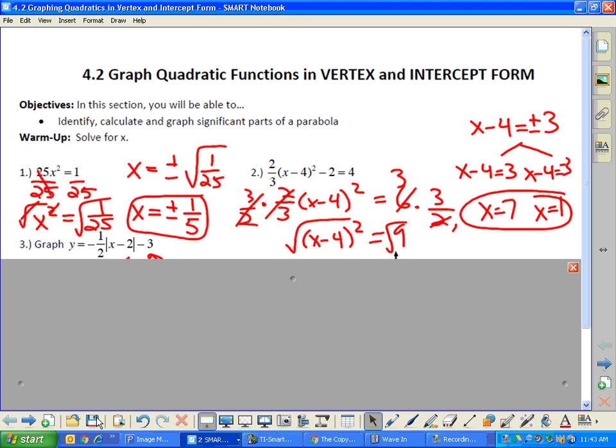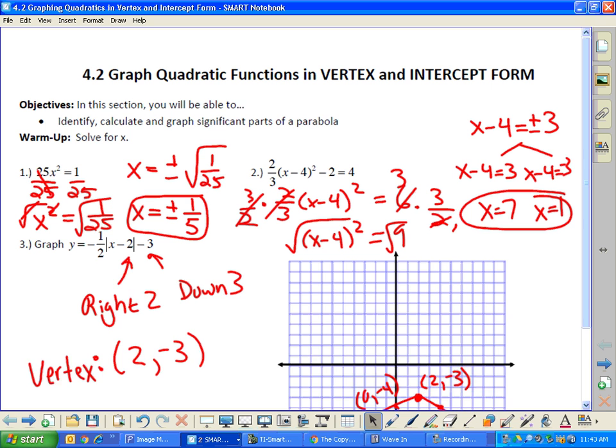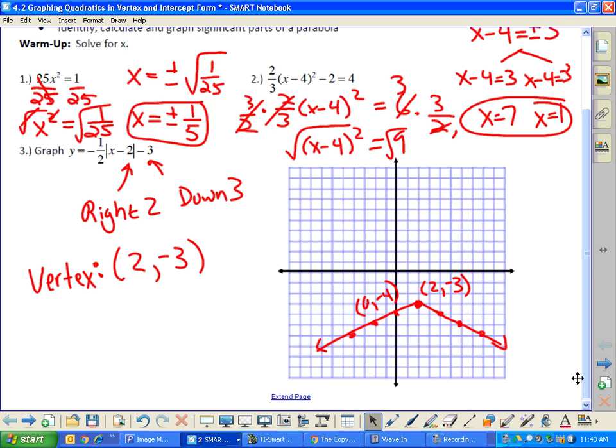Everybody okay so far? And those V-shaped graphs look really good. Bird's eye view. You might recall A, H, and K from your absolute value functions. A is the number in front of your absolute value symbol. In this case, it's negative 1/2. That means the V-shaped graph opens down.